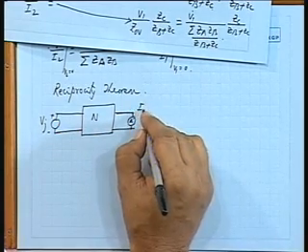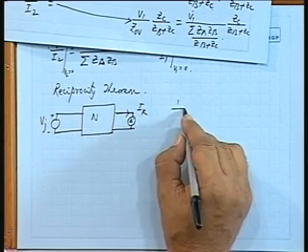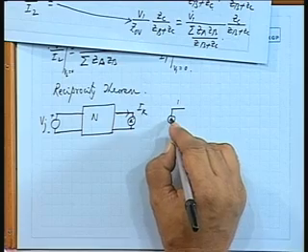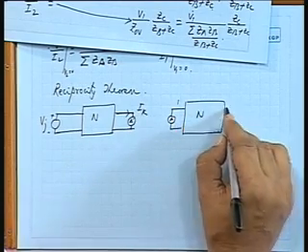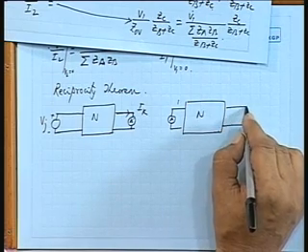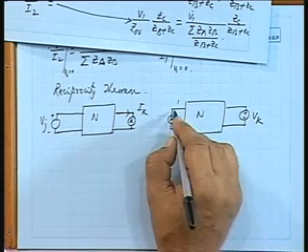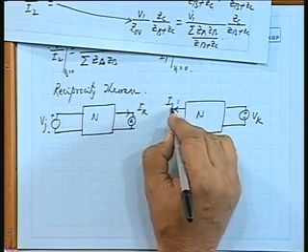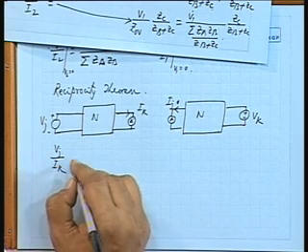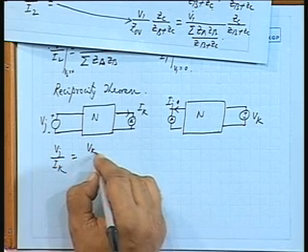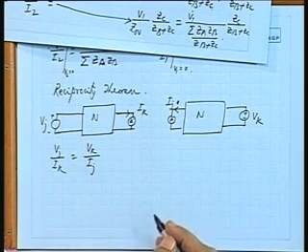This is Ik, this port is shorted, and here we apply a voltage Vk, this current is Ij. Vj by Ik is equal to Vk by Ij.